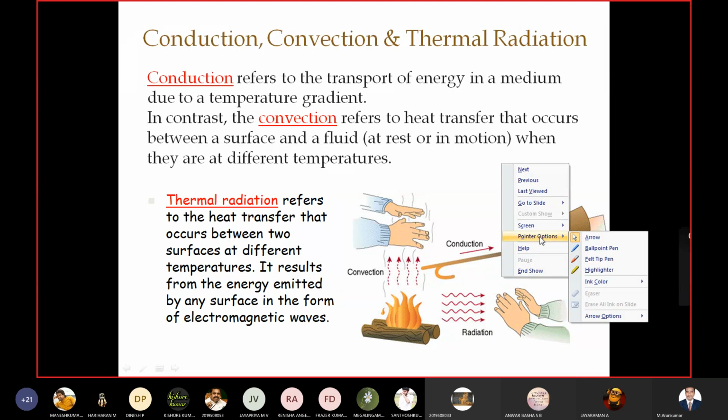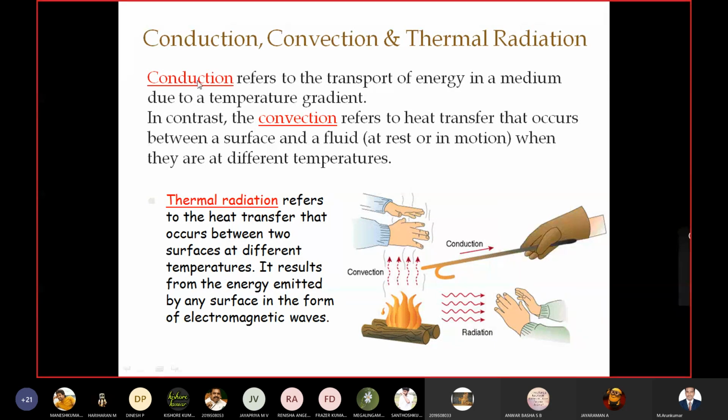So conduction happens in a medium due to the temperature gradient, and convection happens between the surface and a fluid, which may be because of the molecules at rest or in motion.